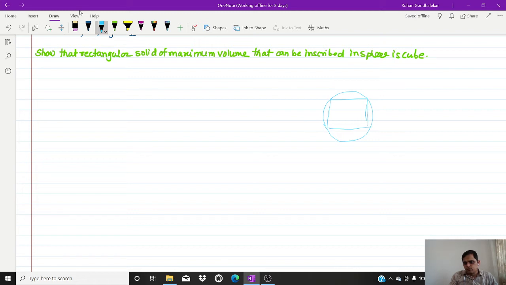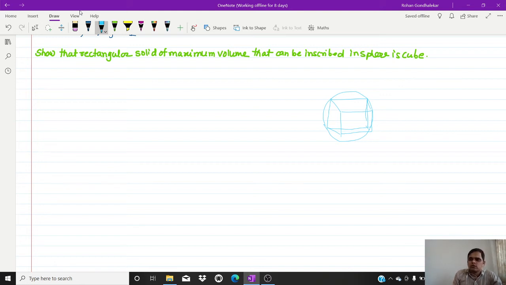That we have to prove. See, for that, what is maximum? The maximum is a value which says the volume of the rectangular solid which is inscribed inside the sphere, is it?